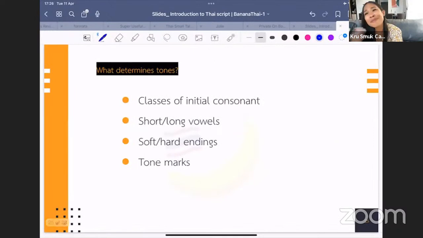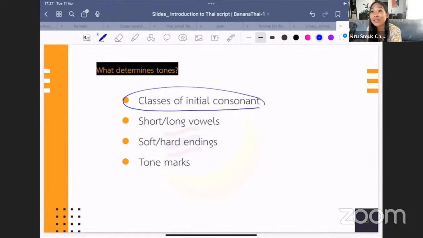And what determines tone? First thing you need to learn is the class of consonant. You learn consonants and you also have to learn the classes, whether it's middle class, high class, low class 1 or low class 2.